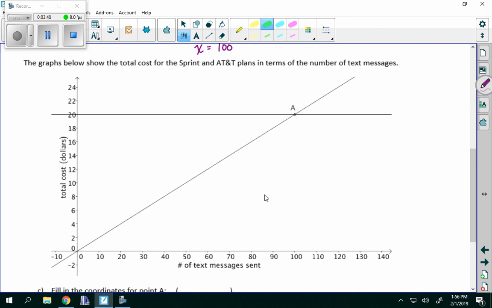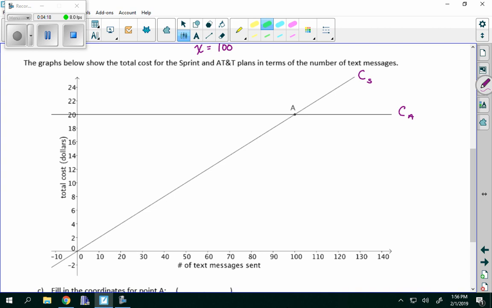We have a horizontal line that goes through 20, so this is the cost for the AT&T plan. It's constant, regardless of how many texts you send in a month. For the Sprint plan, if you don't send any texts, your charge would be 0, and the more texts you send, the greater your cost. So this is the cost for Sprint.